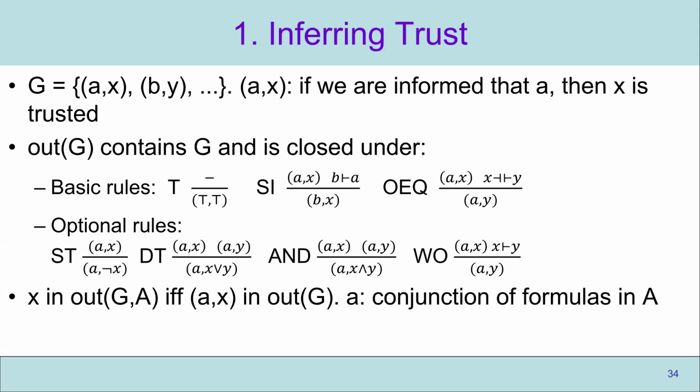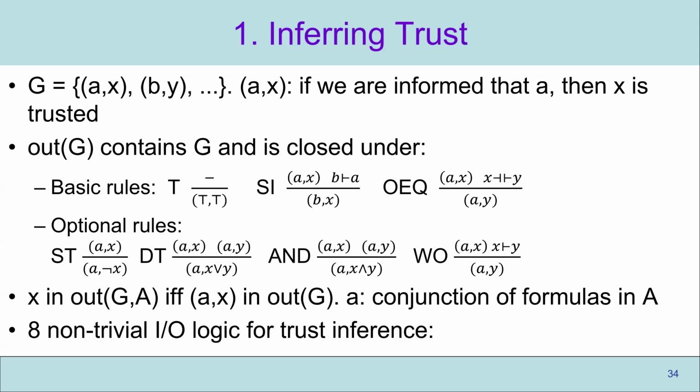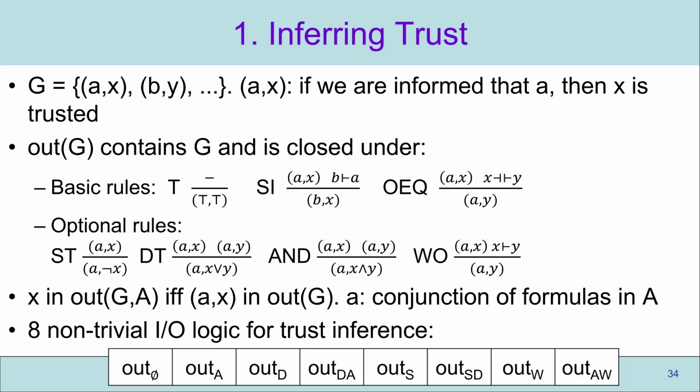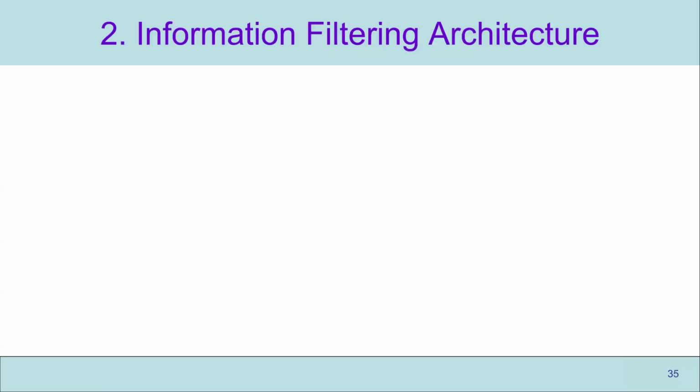And of course we have, as always, the definition of the output under a set of rules in terms of closure under sets of rules. And so we have 8 logics here, because some of them are equivalent. Okay, let's go to this.